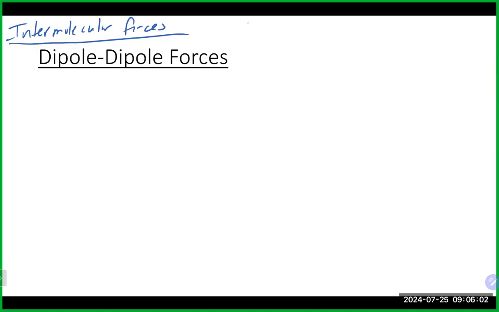You might remember dipole and dipole moment from our polar molecules. They have an overall dipole moment where one side of the molecule is more negative and the other side is more positive due to the unequal sharing of electrons.